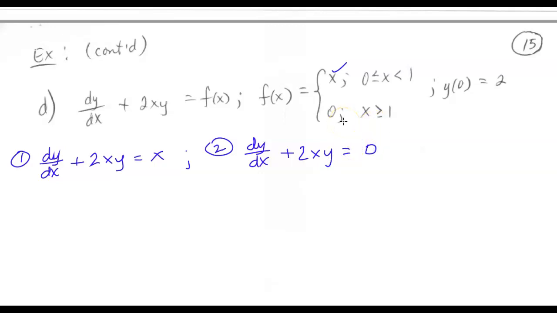Okay, and so of course for this first equation here, we will note that x has to be between 0 and 1, including 0, not including 1. For our second one here, x will have to be some value that is 1 or larger.